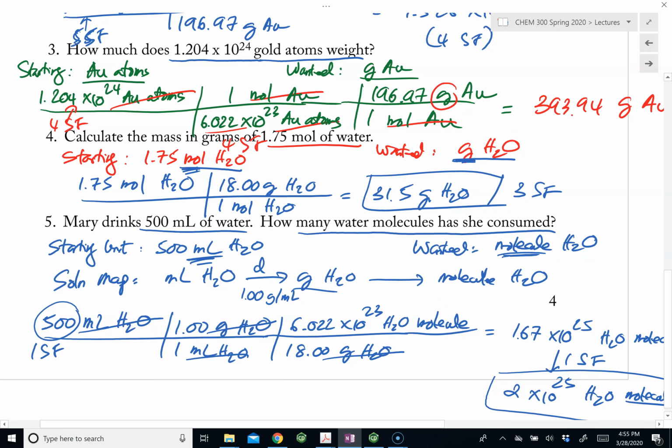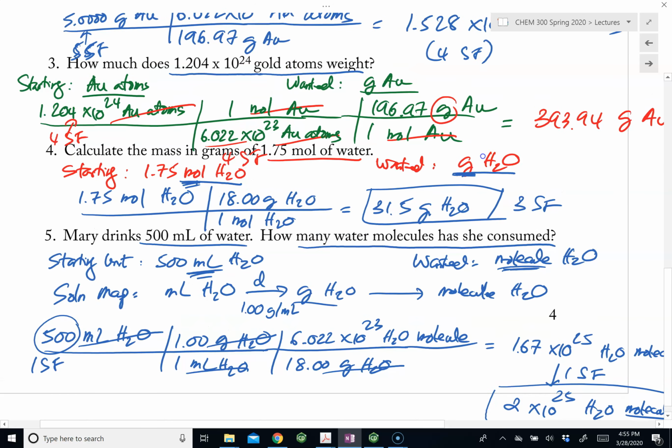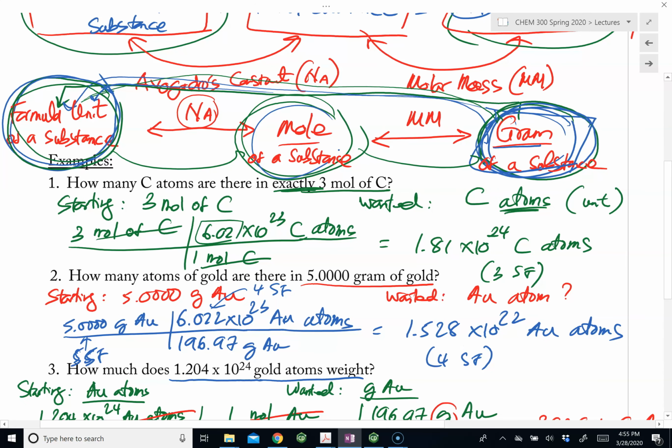So in summary, conversion between units of a substance, whether the units are atom, molecule, or formula unit, into mole of a substance would be easy, and to be able to do that, we have to use the Avogadro constant as the conversion factor. And the Avogadro constant is basically 1 mole of a substance is then equal to 6.022 times 10 to the 23rd units of it.